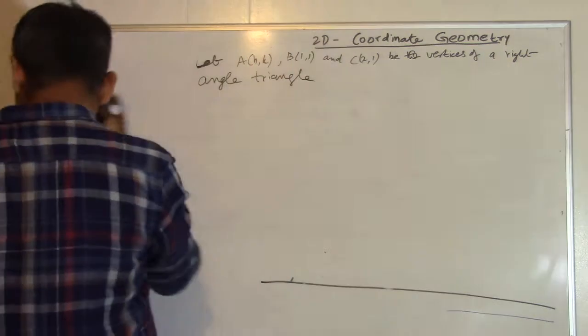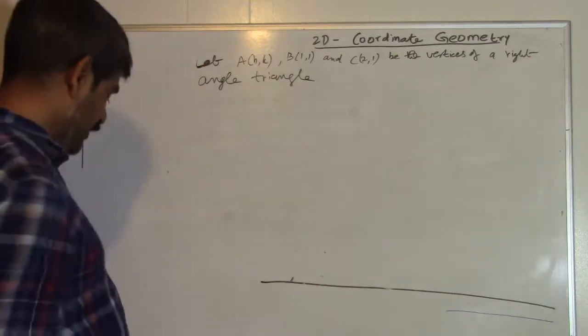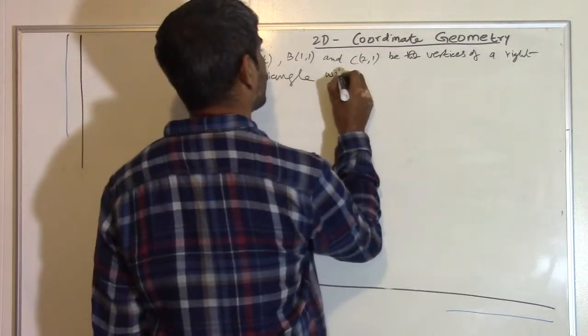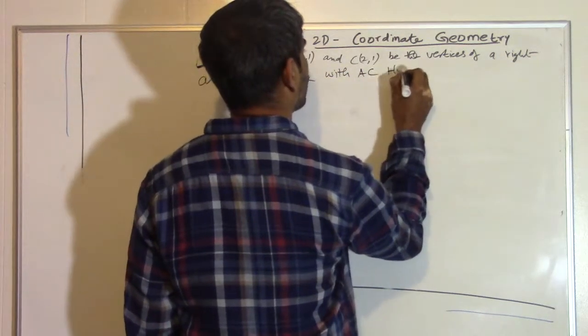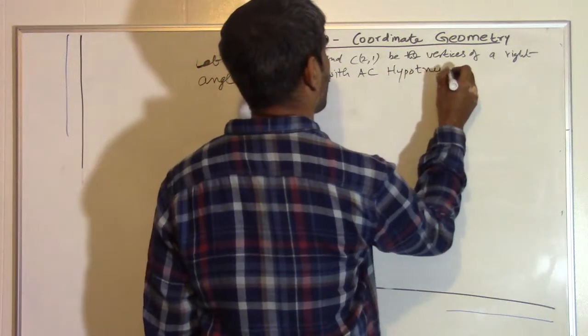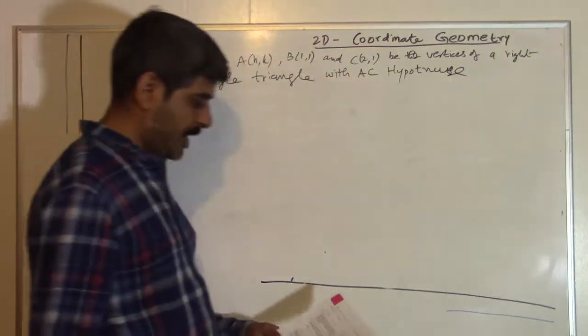So we are given these 3 points, and these are the vertices of a right angle triangle with AC as the hypotenuse.